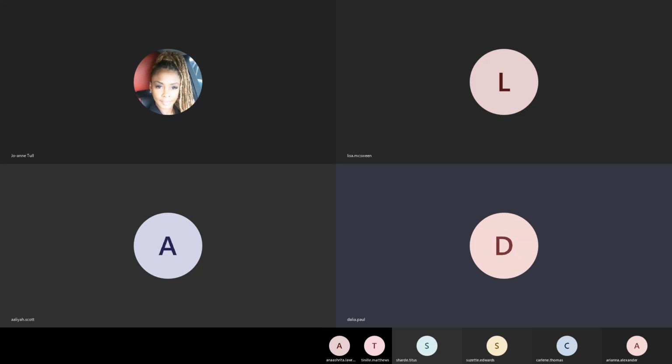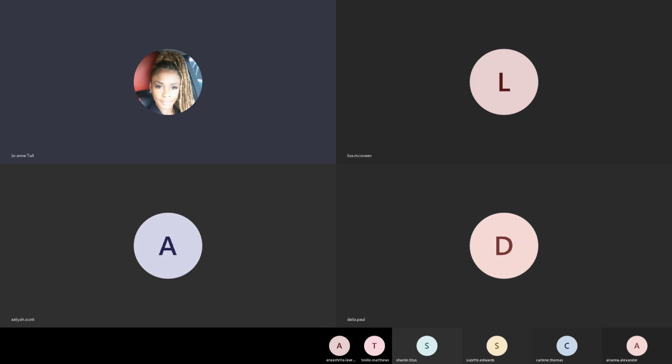Yes. I was trying to get the screen to scroll up, but it's not allowing me to for some reason. We're getting somewhere. Okay, great. Seeing it now? Yeah.